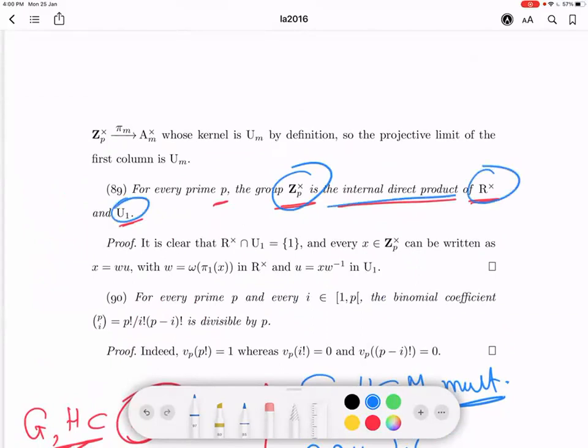Why is it the internal direct product of these two subgroups? First of all, I have to check two things: that the intersection is trivial. Why is the intersection trivial? Because elements of R star are torsion, of finite order.